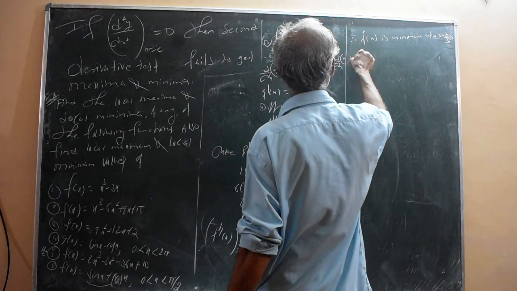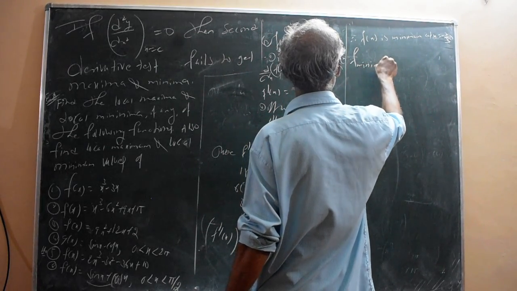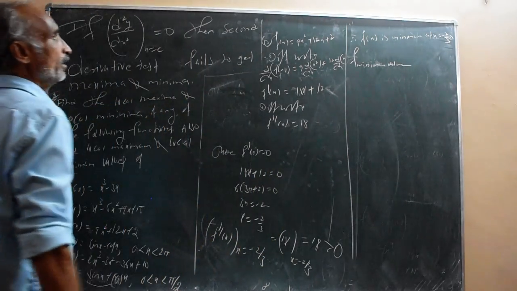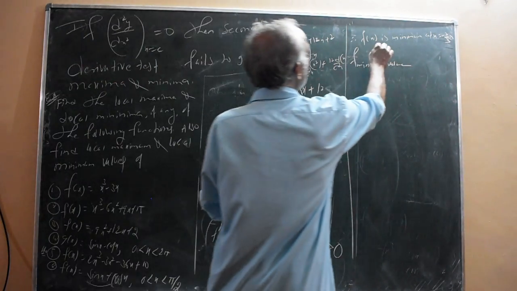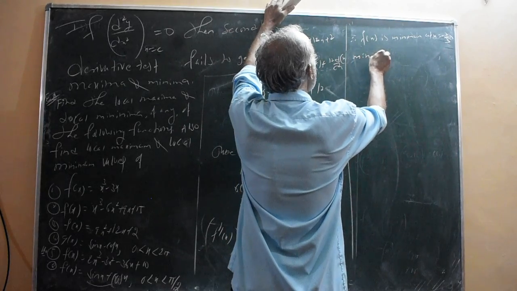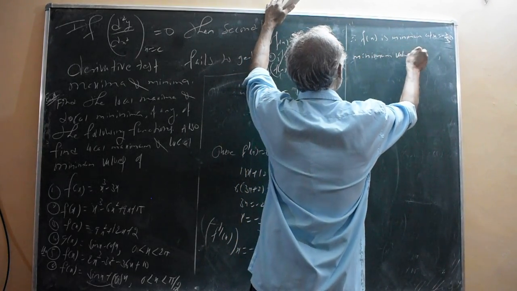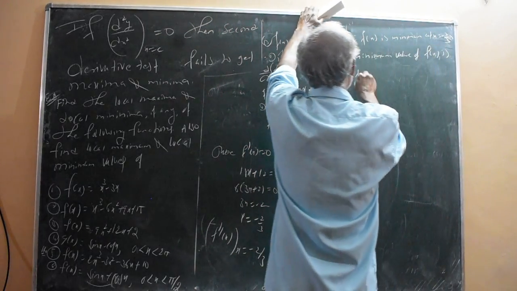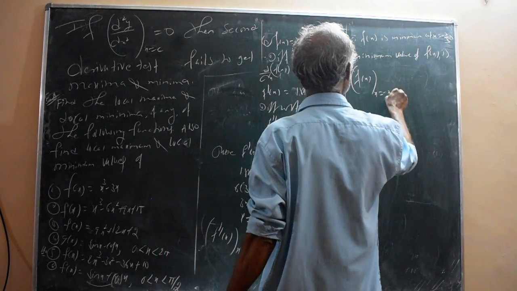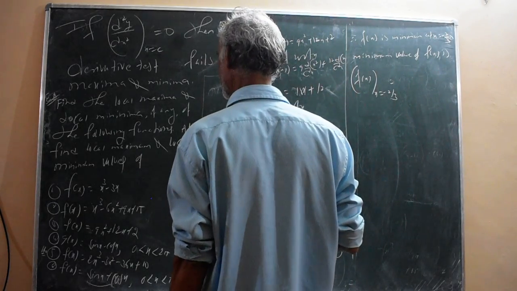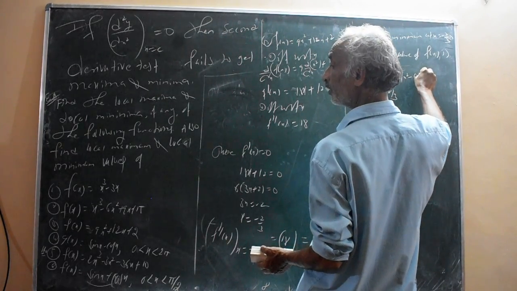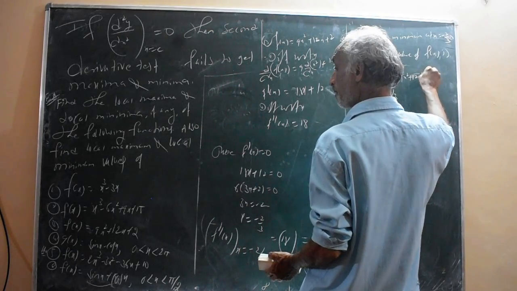Now the minimum value of f of x: take x is equal to minus 2 by 3 in f of x, which is 9x square plus 12x plus 2.